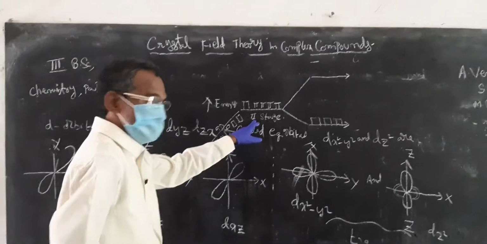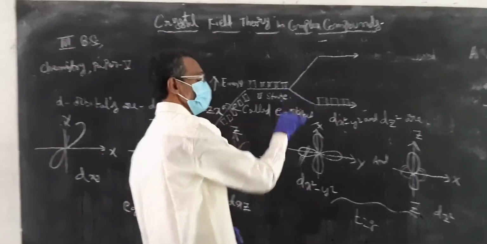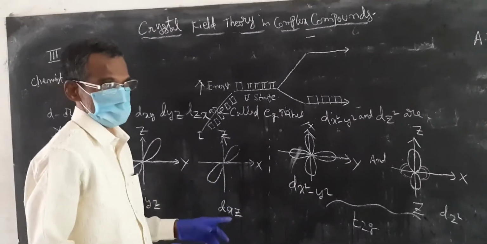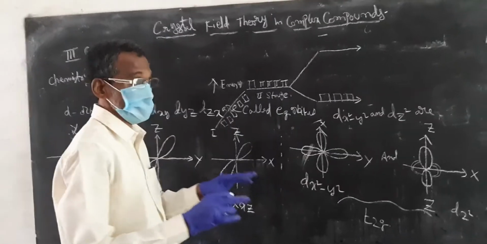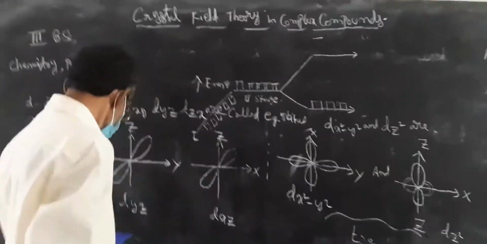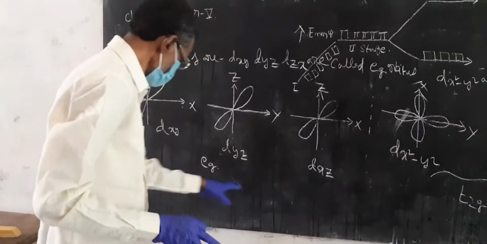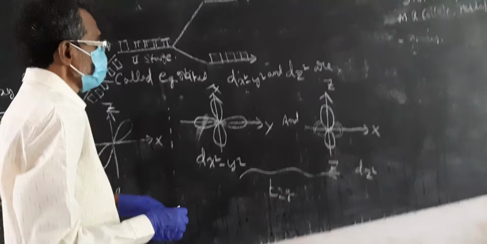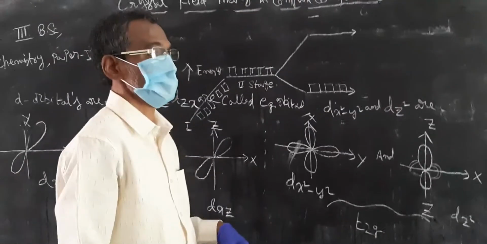This stage also. Then next, the five d orbitals split in two ways. One set is dxy, dyz, dzx, the Eg orbitals, which have low attraction with the central atom.